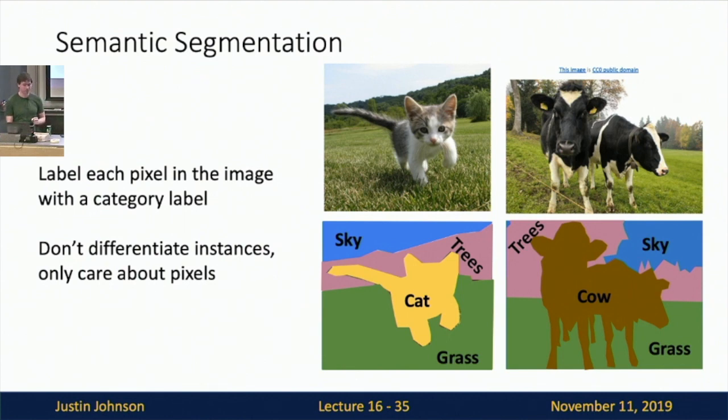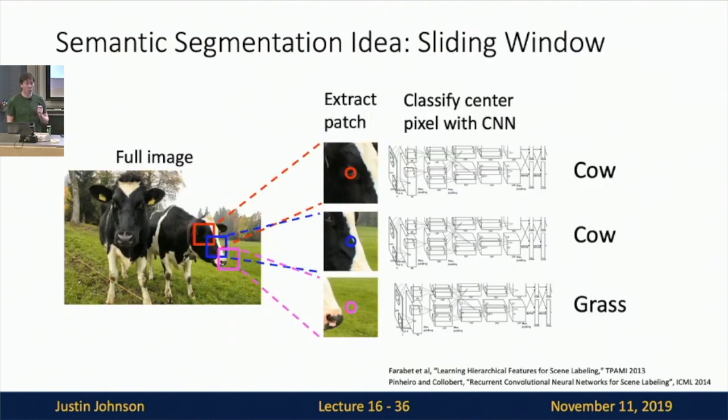And now one maybe silly way you could imagine solving this semantic segmentation task is again using this idea of sliding windows. You could imagine that for every pixel in the image, we extract a small patch around that pixel and then feed that patch to a CNN, and that CNN could just predict a category label.